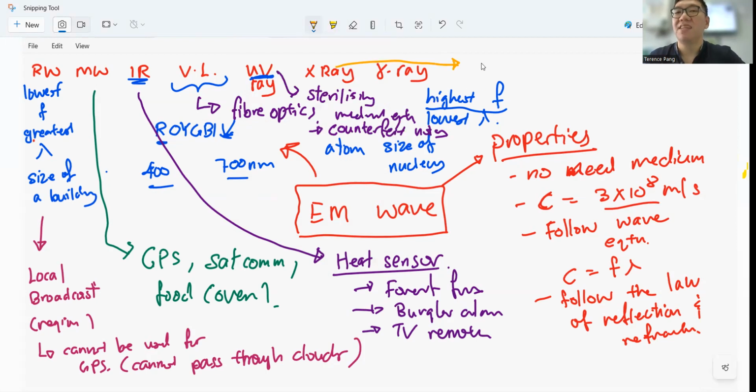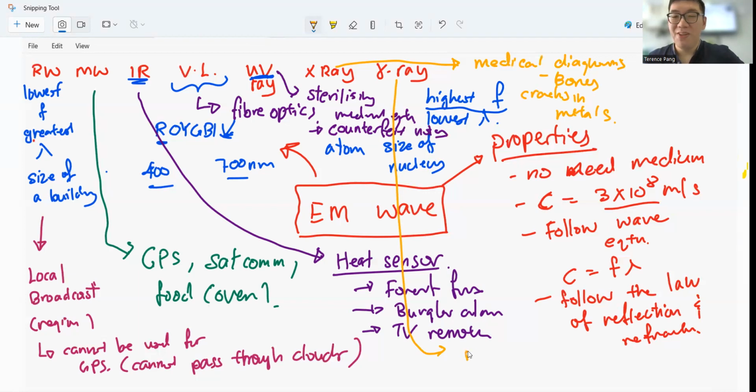X-ray used for what? Broken bones, medical diagnosis, for bones, fractures and all that. What other things are X-rays used for? Cracks in metal pipes. Gamma rays.